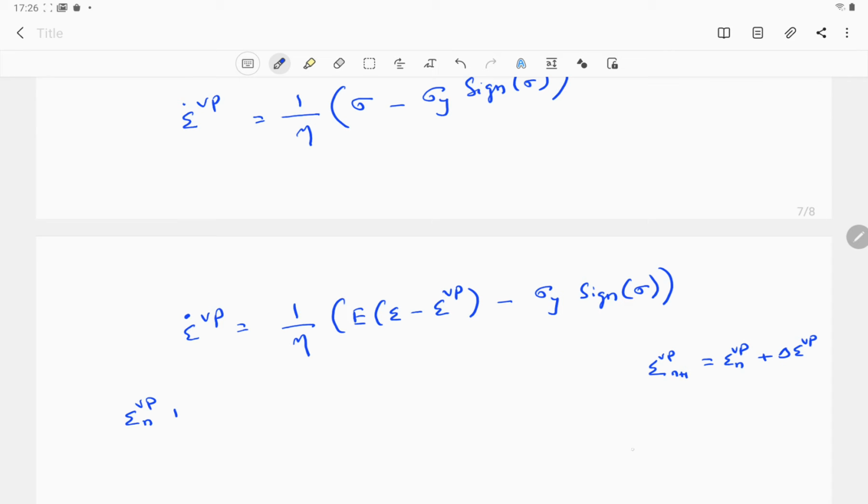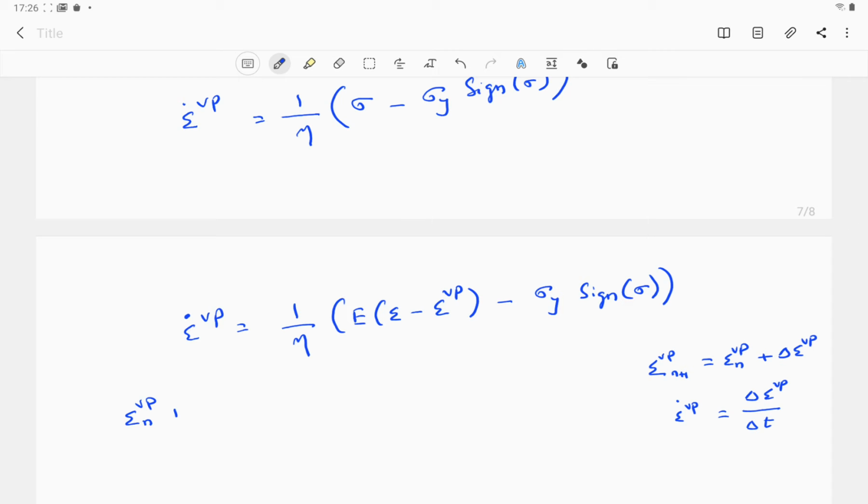Okay, and we know that epsilon Vp dot is equal to delta epsilon Vp by delta t. Okay, so the discretized one.